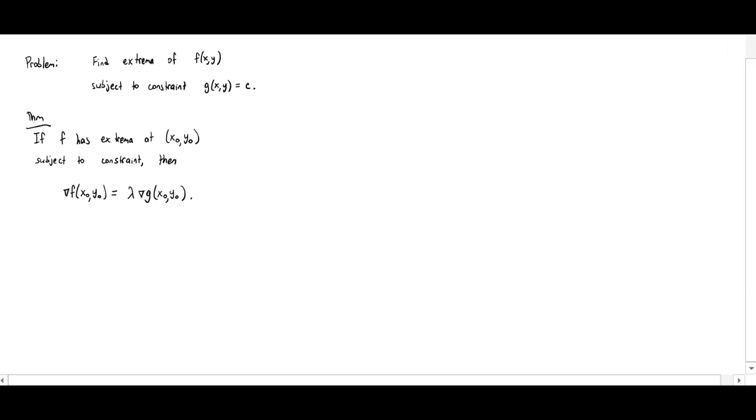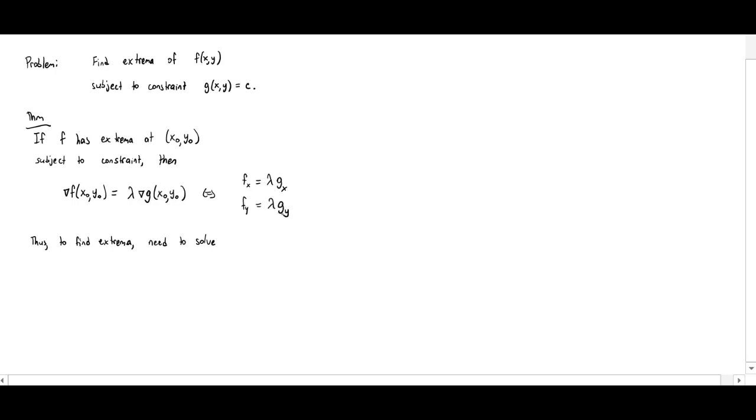So then when you're looking for extrema, it amounts to trying to solve this equation. In terms of the components, this is saying fx would need to be lambda gx, and fy would be lambda gy.